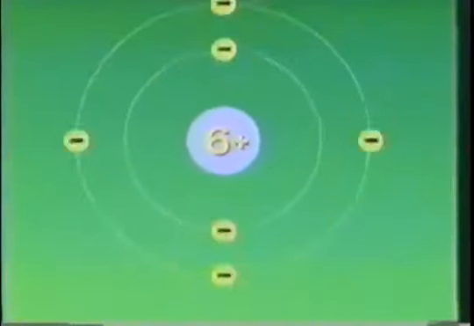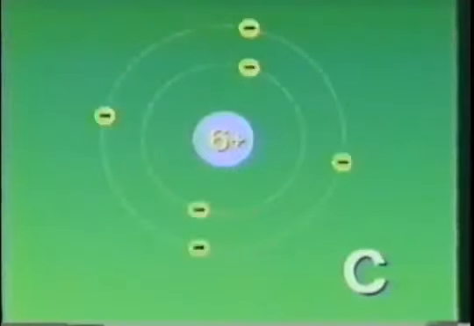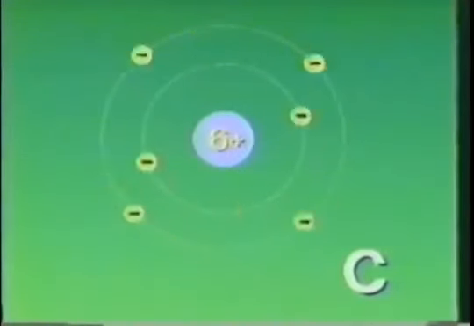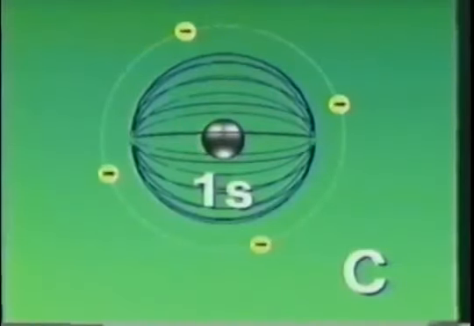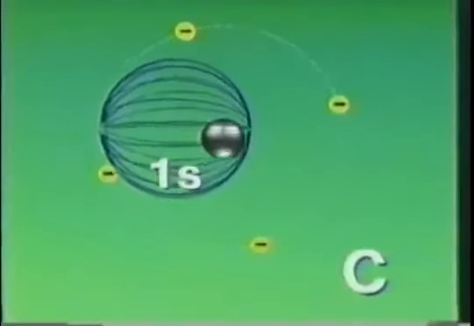But first, we will call up the planetary model of carbon with its separate shells and begin to transform them into orbitals. Because the 2 electrons in carbon's 1s orbital don't play a role in molecular bonding, we can mercifully dismiss this orbital.